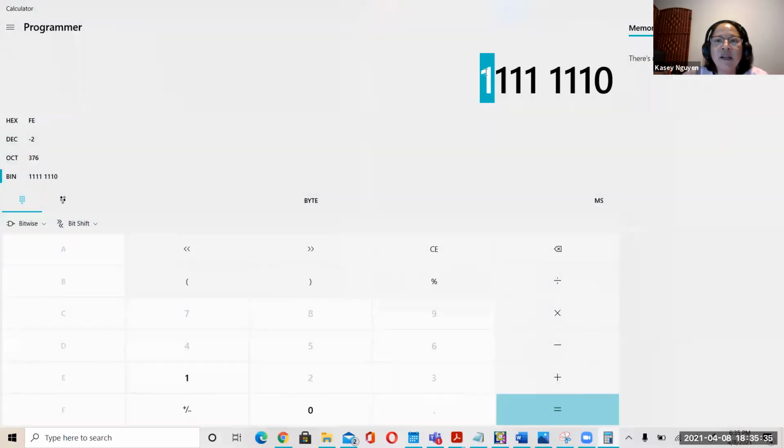So the 1 here is going to represent the sign for me, and then the rest of this is going to be the value. If you start from the right, which is the lower register, and go left, register 7 is the end. That's going to be our sign.